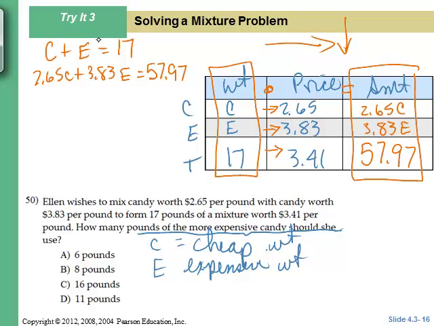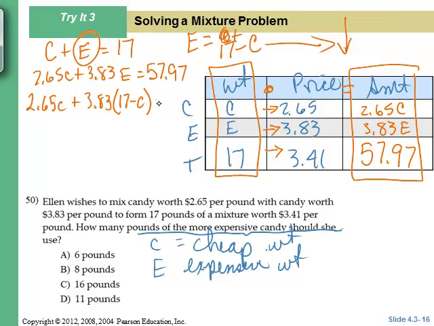I'm going to substitute, and so E equals 17 minus C. So I'm going to have 2.65C plus 3.83 parentheses 17 minus C equals 57.97.